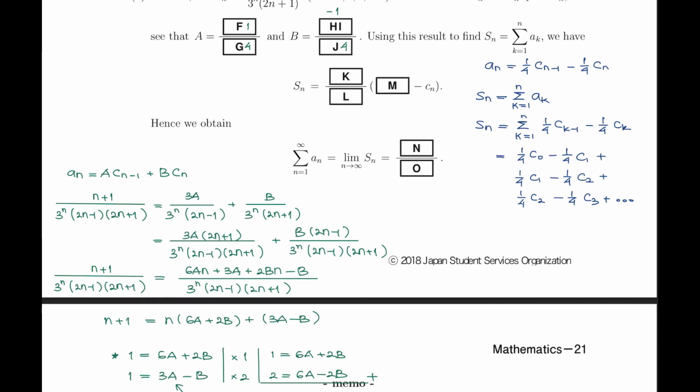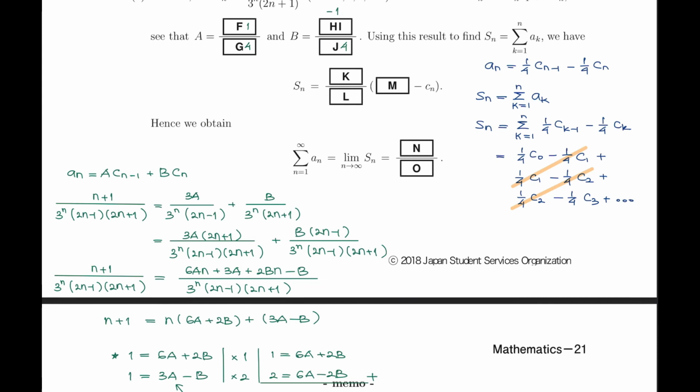As you can see, this expression will be cancelled out. Negative 1 over 4 C1 plus 1 over 4 C1 will be cancelled out. This expression is also cancelled out.